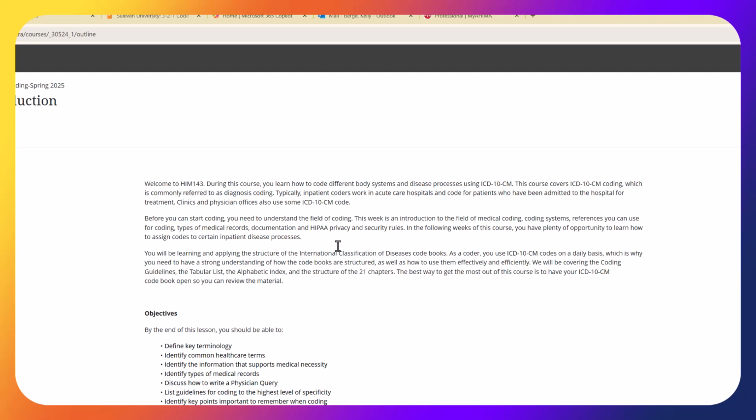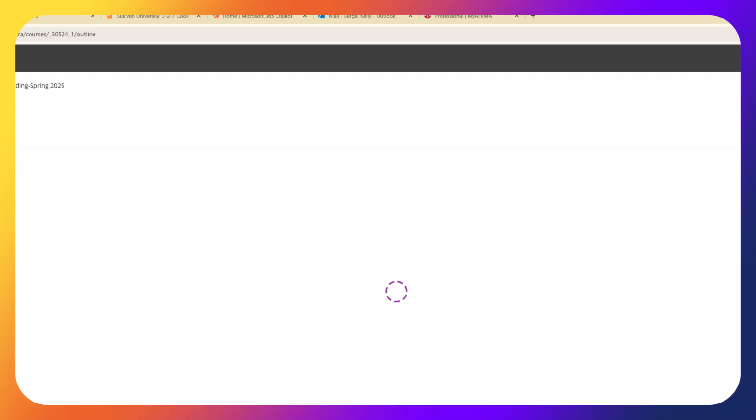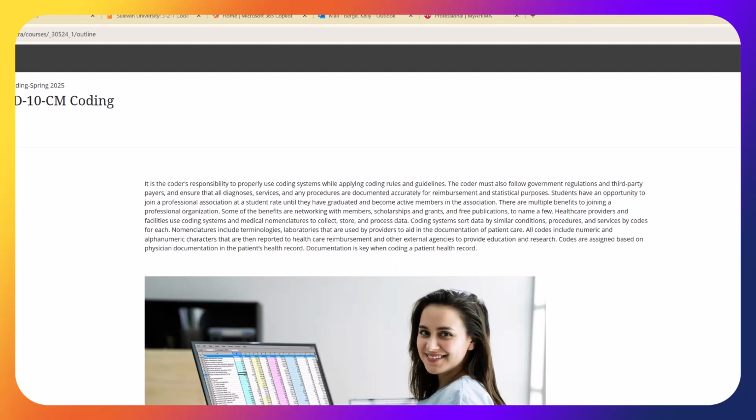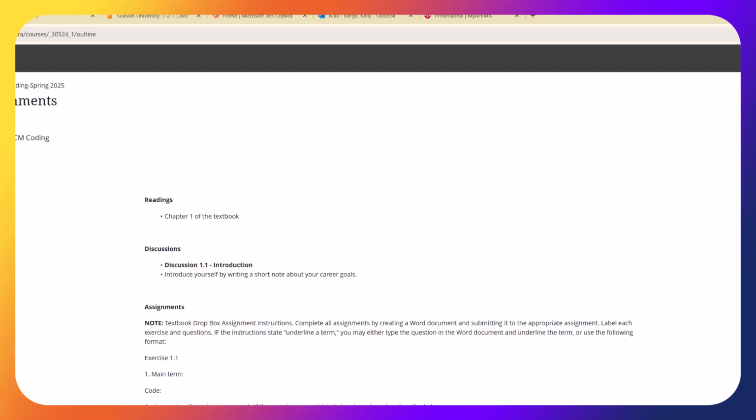Again, this is for diagnostic coding, talks about the objectives that we're going to learn about, and those are all in our reading. So we're going to take some time, read this lecture, then we're going to see what the assignments are for this week. And it does seem like there are a lot of assignments, but they will go quickly.